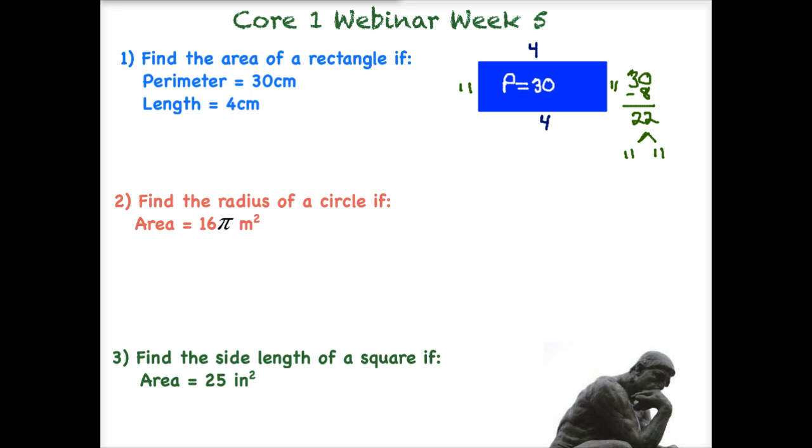All right, so Michaela, let me ask you, what is the formula for the area of a rectangle? How would you find the area of a rectangle? Hmm. So it sounds like maybe I need to go back and you guys can write down some formulas, perhaps.